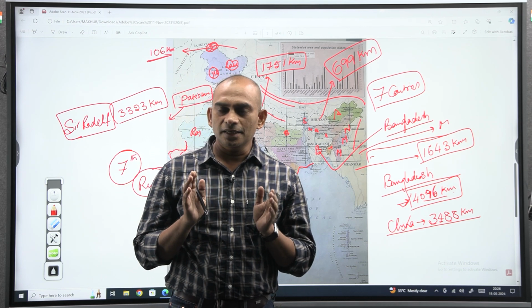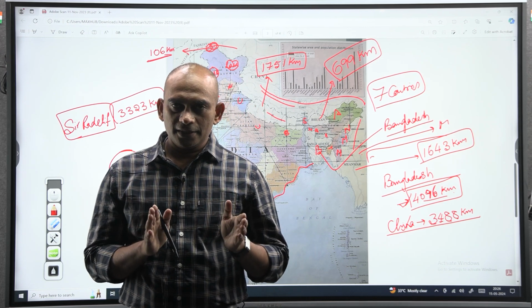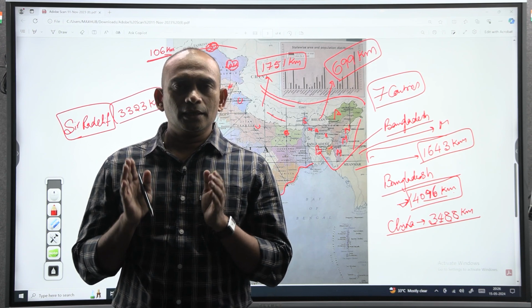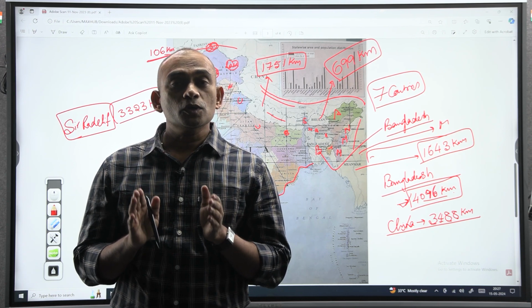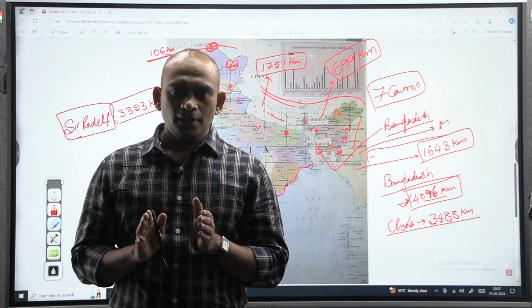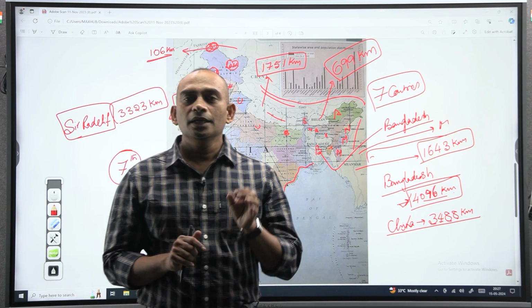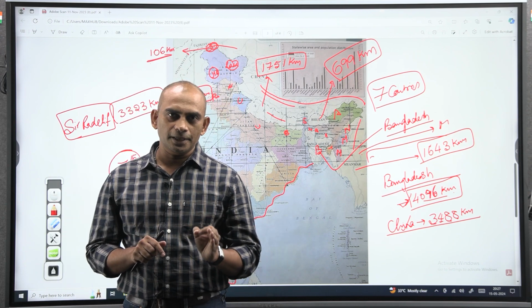British was ruling entire India for almost 200 years, and in those 200 years he had never been to India.